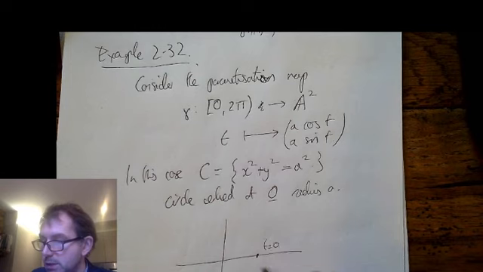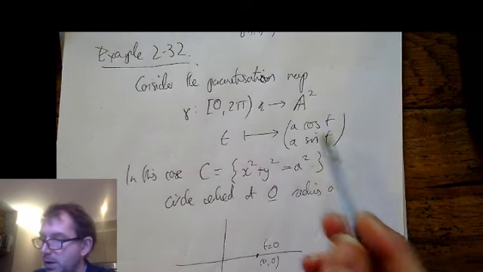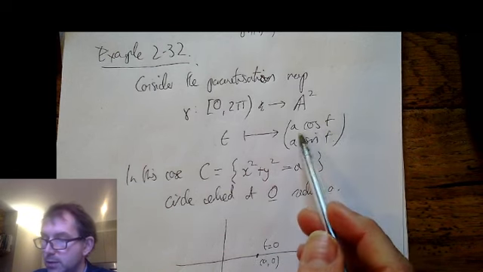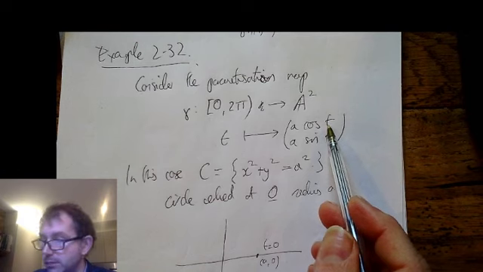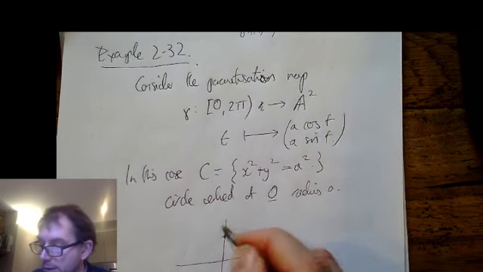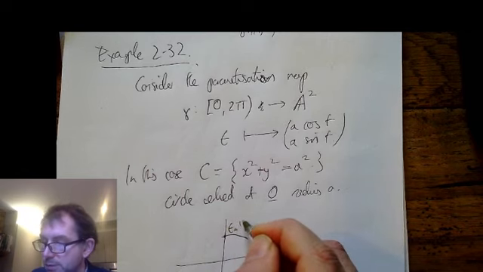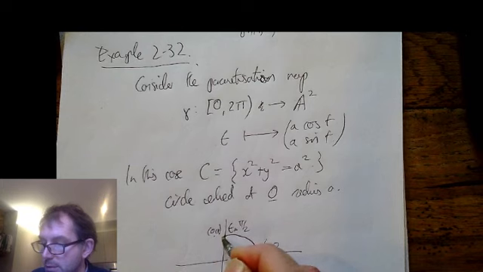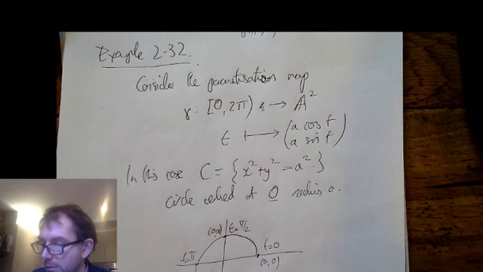When I move around to pi by 2, cos of t is then equal to 0 and sine of t is equal to 1, so t is pi by 2 gives me (0, a), and similarly if you go around here, that's where t is pi, and all the way back around here, this is where t would be equal to 2 pi.